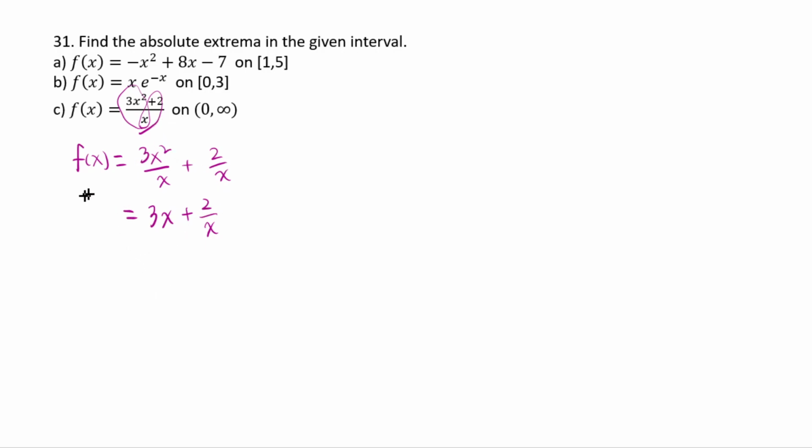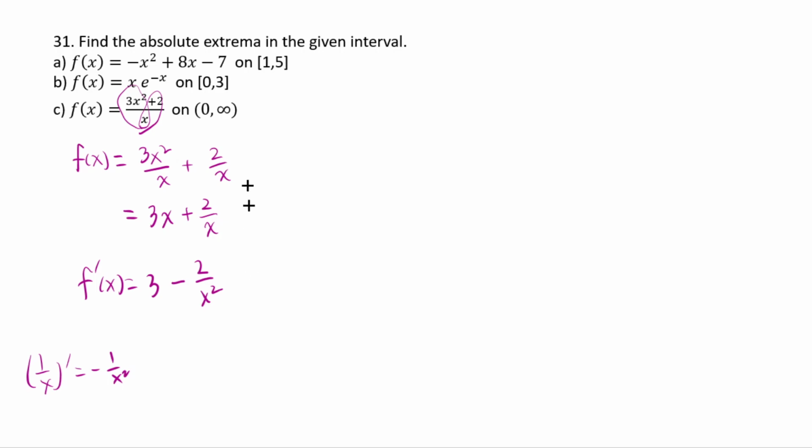Okay, so anyways, this is what we do, and then f prime of x would be 3, and then remember the derivative of 1 over x is negative 1 over x squared, right? So it's going to be 2 over x squared. That's going to be your derivative.